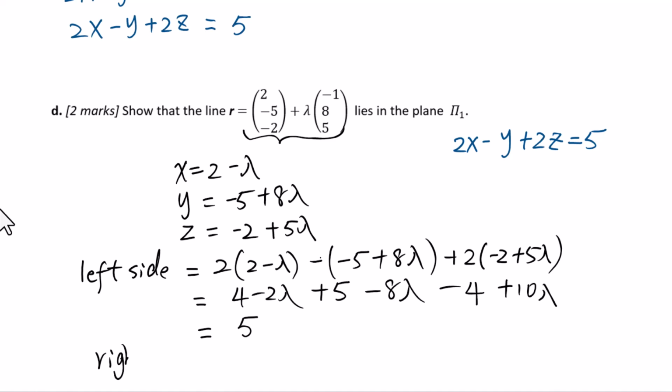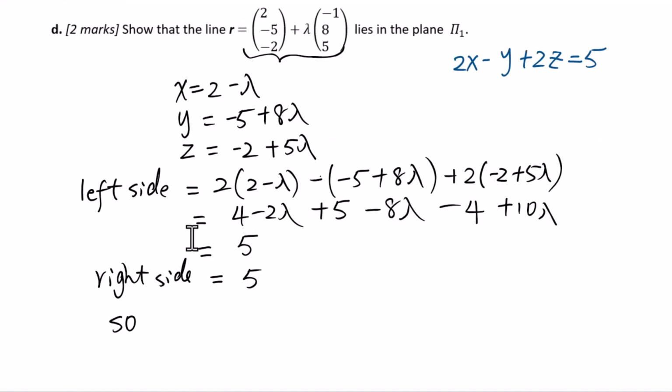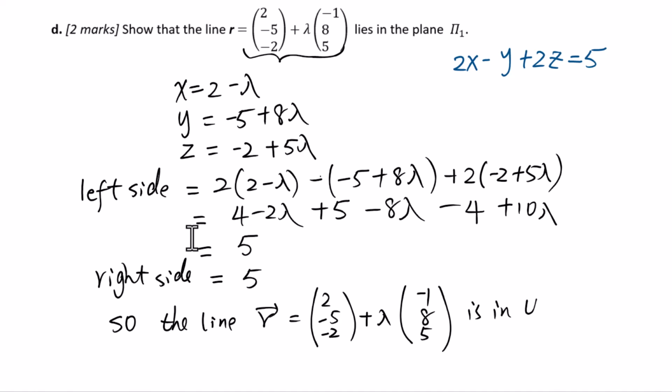Right side also equals 5. So the line is in the plane pi1.